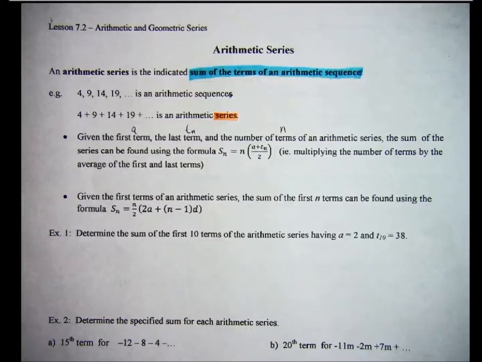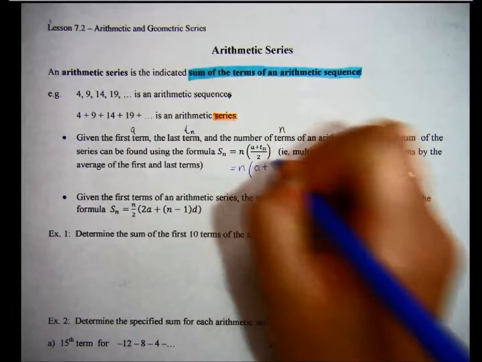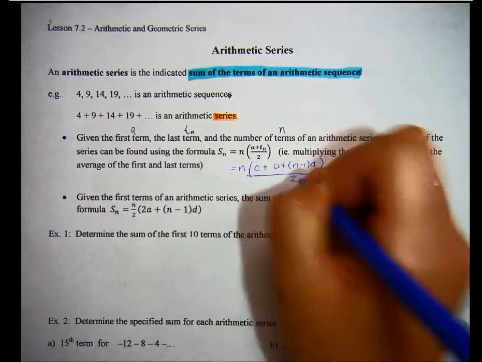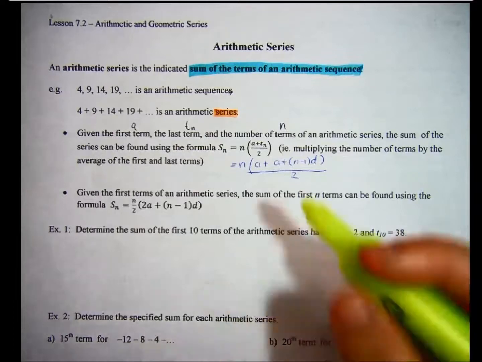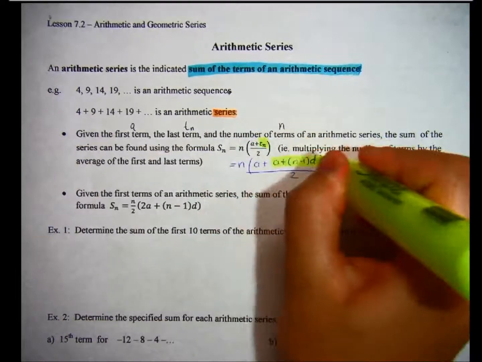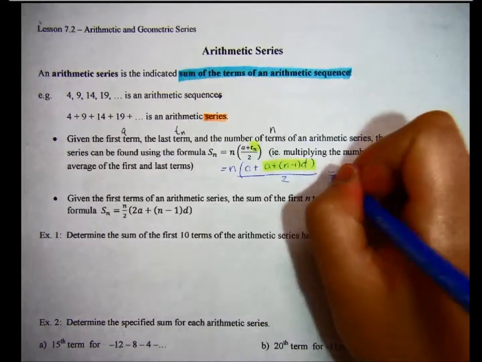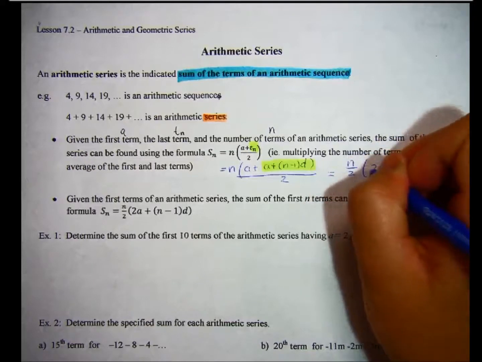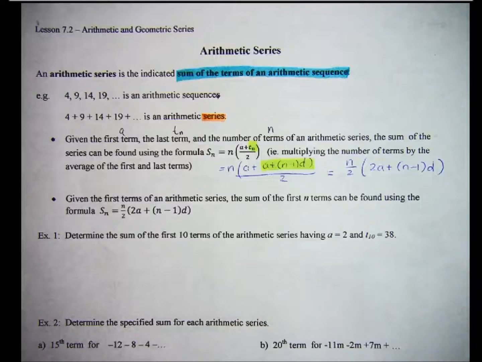If you were to rewrite this equation using the general term formula for an arithmetic sequence, replacing Tn with a plus (n minus 1)d, and you simplify, you end up getting that, which turns into the second formula right below.